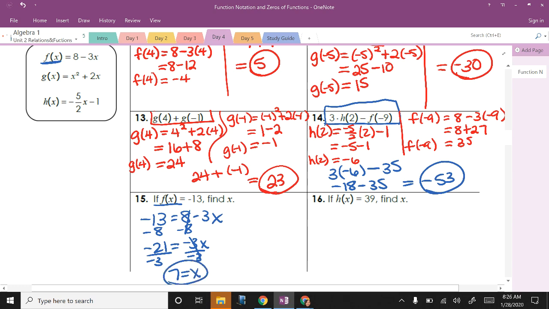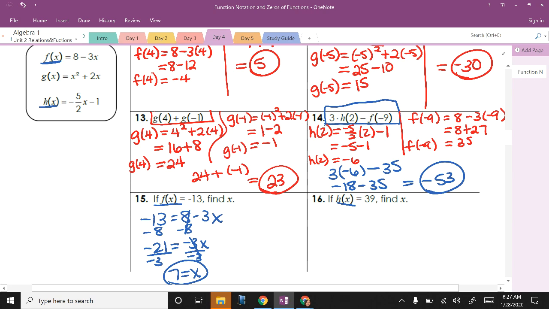Okay? So, you just got to read what the problem is saying. If it says find x, you're going to plug that number to the left. That number's going to go as the name of the function. So, y'all tell me how I'm going to set up h of x equals 39. 39 goes in for h of x right there, right?